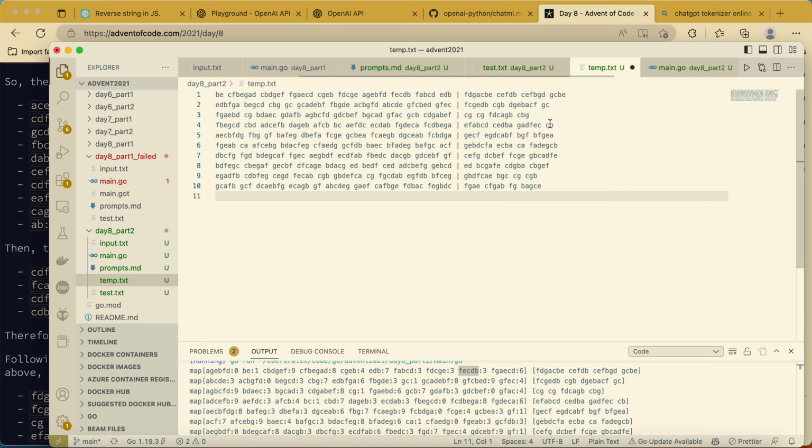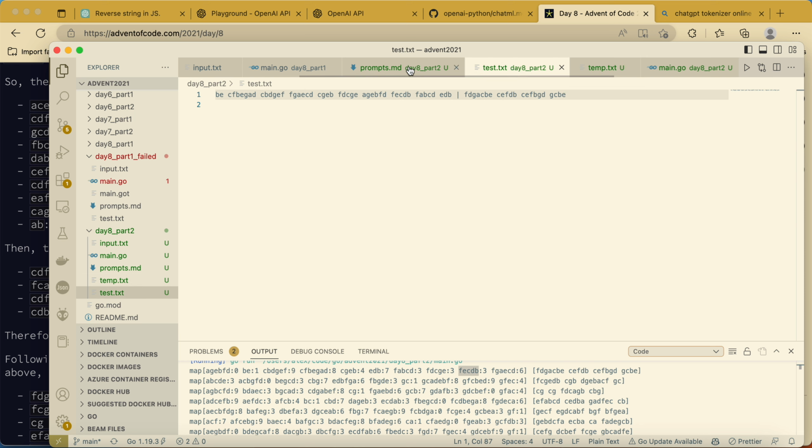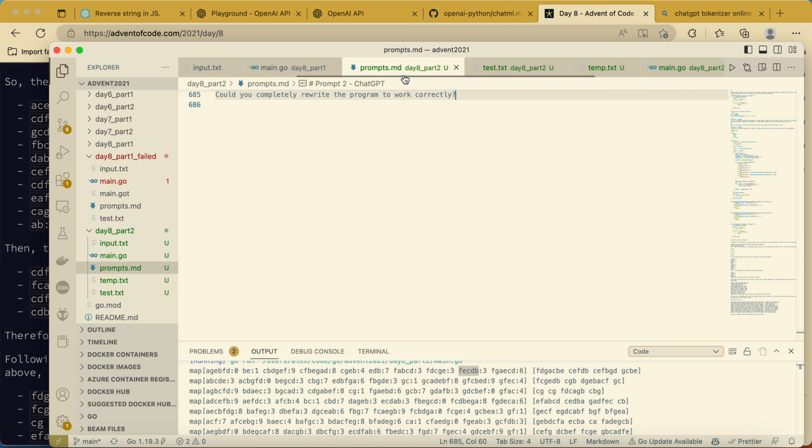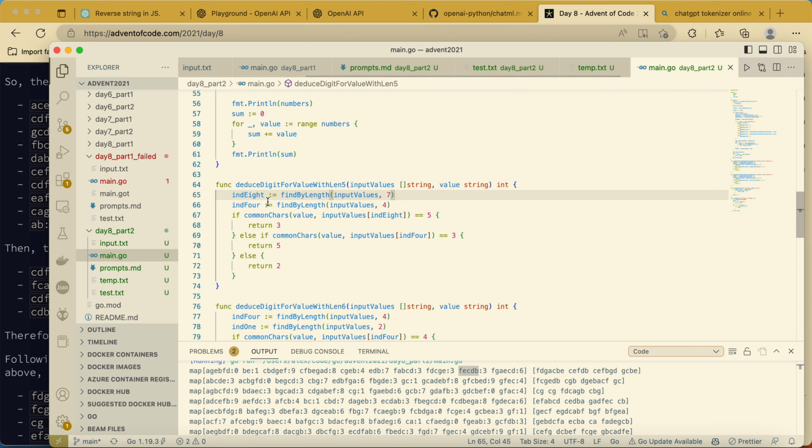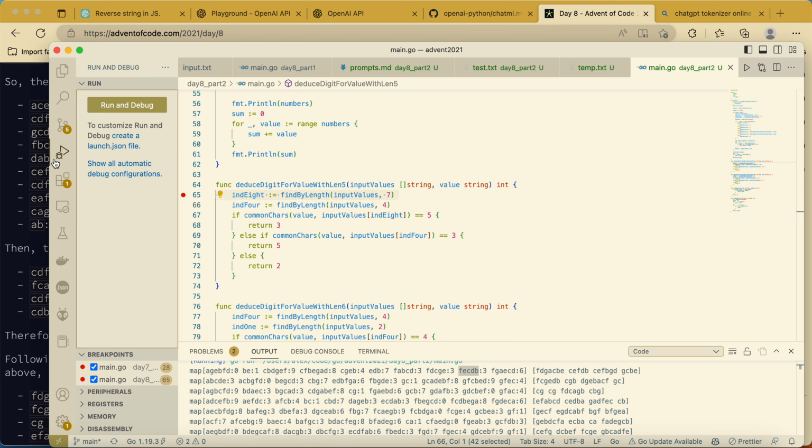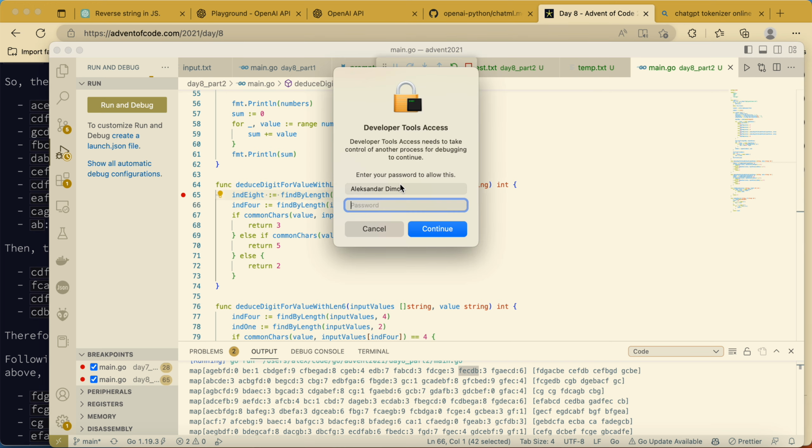For everyone watching the video, I need to apologize that I haven't learned to use the Go debugger. I know that I can debug like that, and can I simply start it like that?